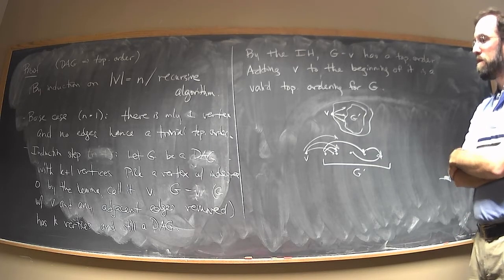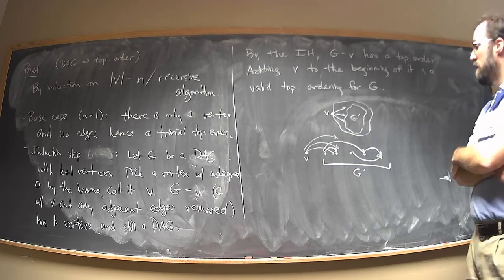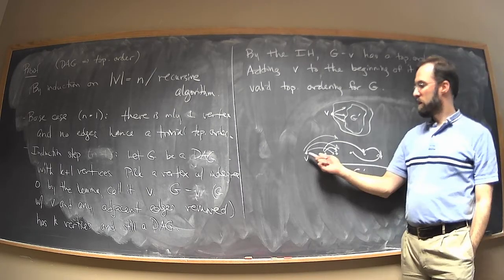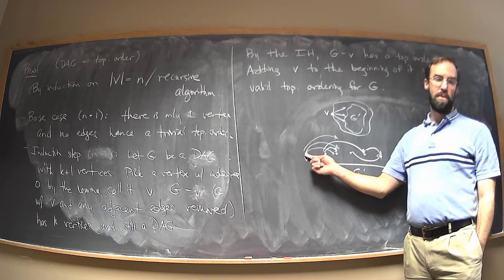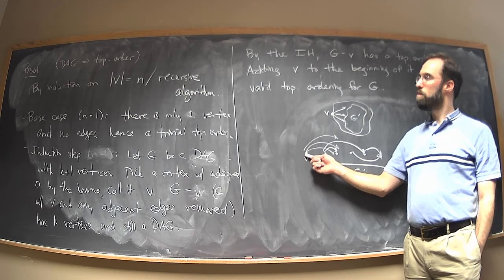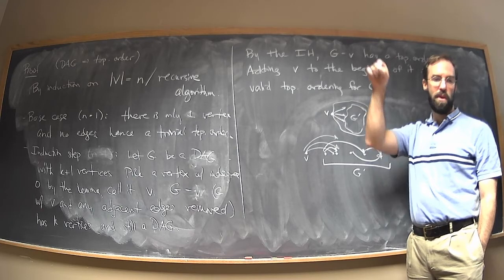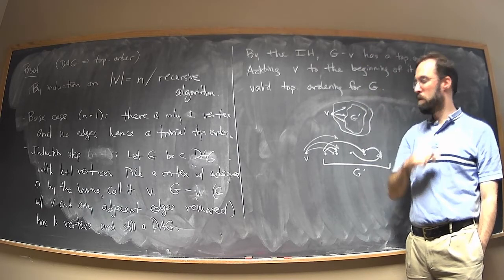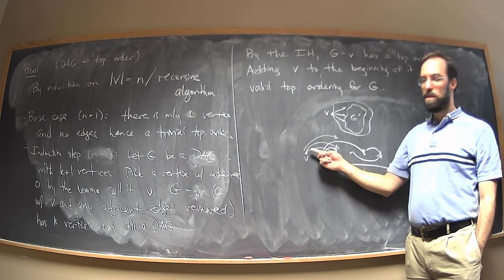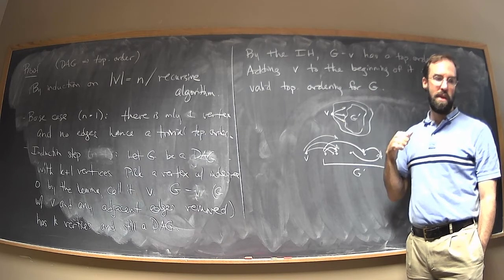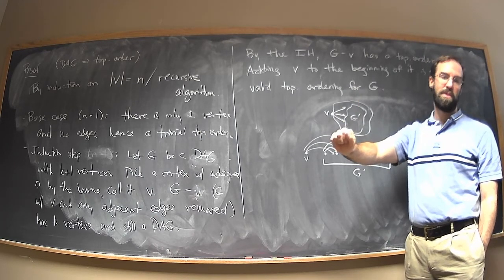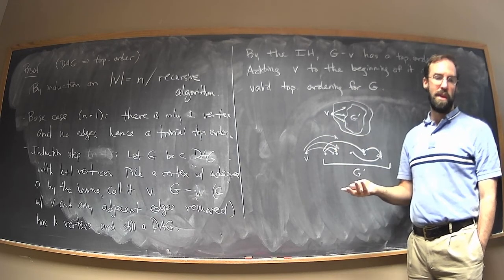Like, how do we actually do this? Well, we can basically find a vertex with in degree 0, which we could do using the procedure in that lemma by starting somewhere and walking backwards until we find one. We delete it, remember that it's the first vertex in the order, and then we do the same thing again on what's left.